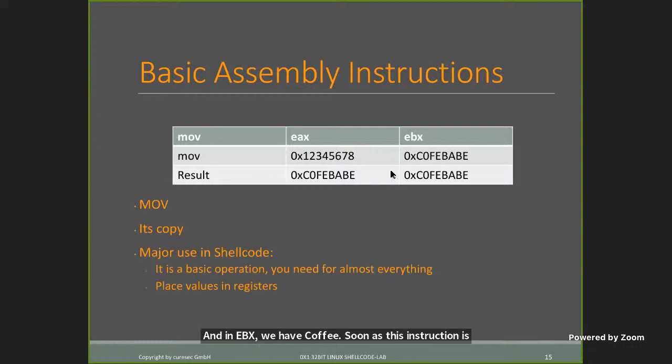So if we execute a MOV, it's not really moving in the sense that the value is moved out of EBX to EAX. It's more copied over to EAX. MOV is one of the most important instructions. You will most probably use it in every shellcode, and it's crucial.